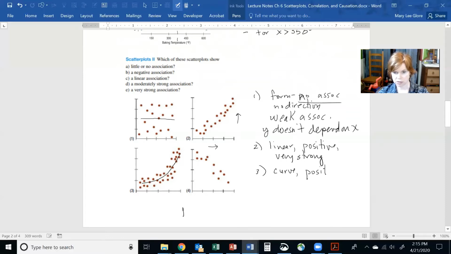As you go to the right, it's going up. The points are pretty strong. I'm just going to say strong as opposed to very strong. So this is still a strong association. And 4, if I draw a curve through it, that's a line. So this is linear. As X is getting bigger, as you go this way, Y is getting smaller. So this is a negative association, and a very strong association.